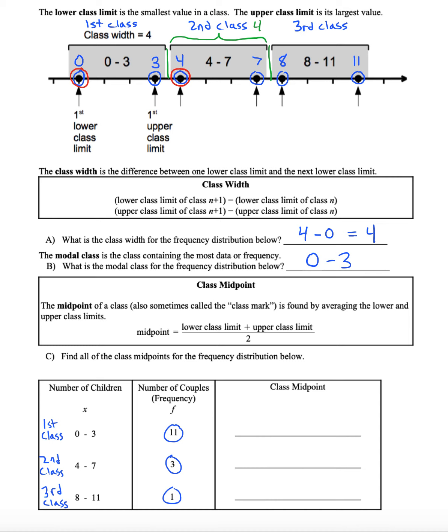Now let's find a class midpoint. A midpoint of a class is found by averaging the lower and upper class limits. In the picture shown here, the way we can find a midpoint is just by finding the middle between the 0 and the 3 here. And this will be the first class midpoint.